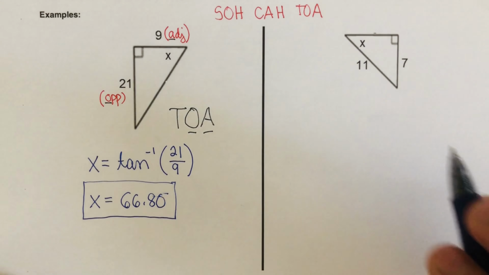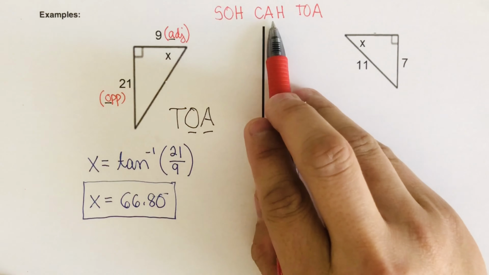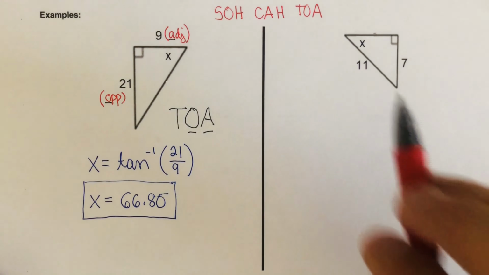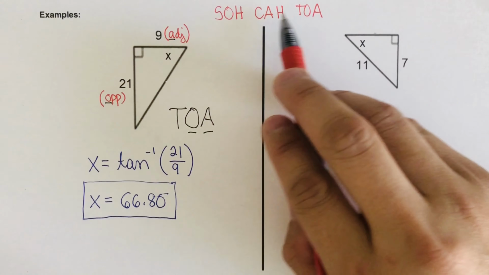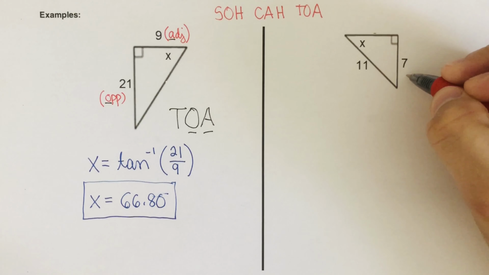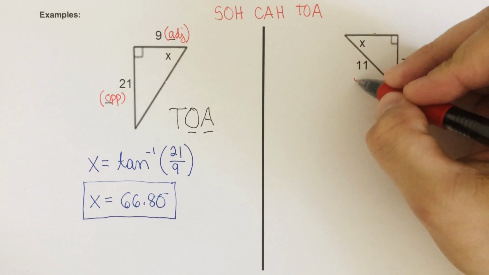Again, pretty much the same thing. We label the parts. Putting labels helps us determine which of these three we should use. Most likely, these triangles are going to get shuffled around and mixed up together, so in order to know which one to use, we need to label them. Here, this is the opposite, and this side right here is the hypotenuse.